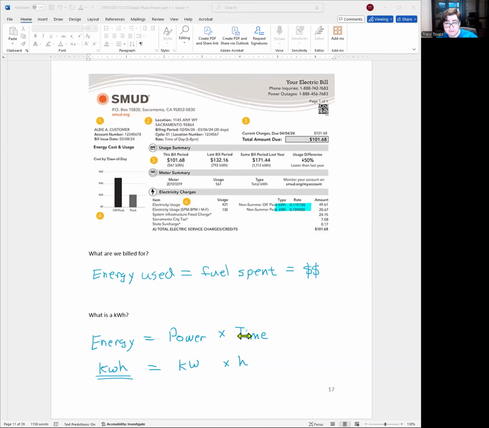So you have to pay 11.5 cents for that. If you have a 500-watt power supply and you're using it for 2 hours, that's 500 times 2, still the same 1 kilowatt hour. So you're going to pay the same amount. Obviously, the bigger the power draw, the more expensive it's going to be, and the longer it's on, the more energy it's going to use as well.